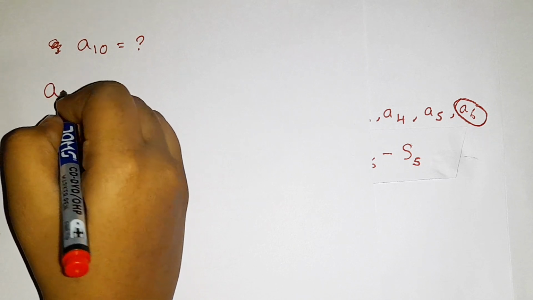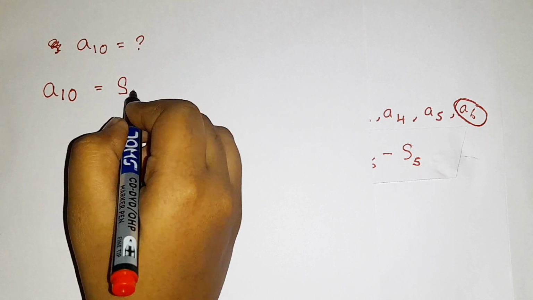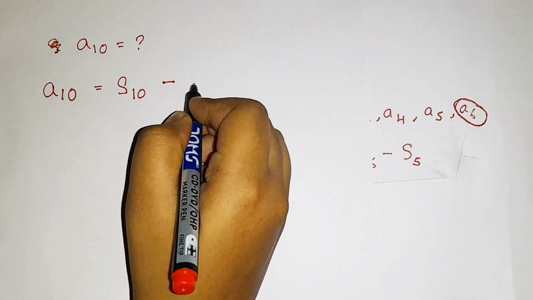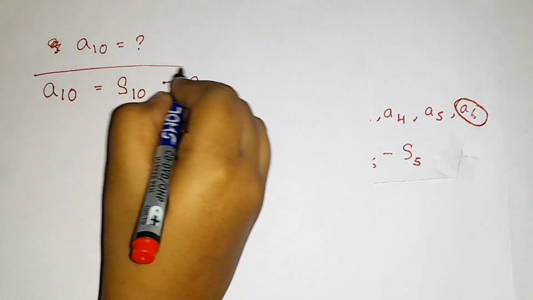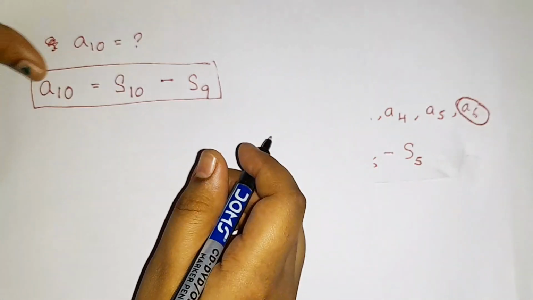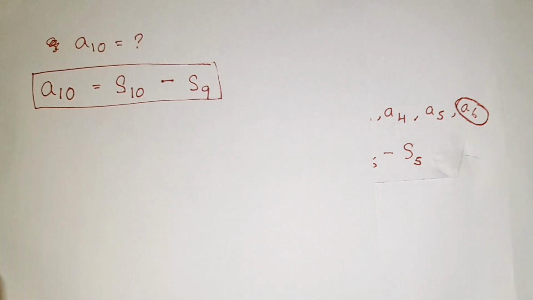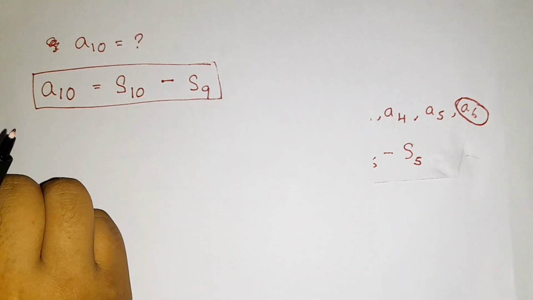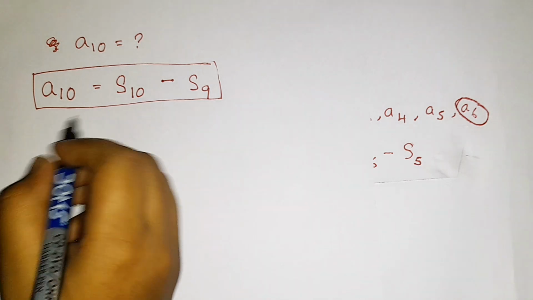I just told you guys, write the A10 as it is equal to sum of 10 terms minus sum of the previous number of 10, which is 9. So we are supposed to find it like this, isn't it? If you just understand this concept properly, then it is literally easy. So now I am not going to teach it deeply, I mean briefly. Now we can substitute the values, isn't it?